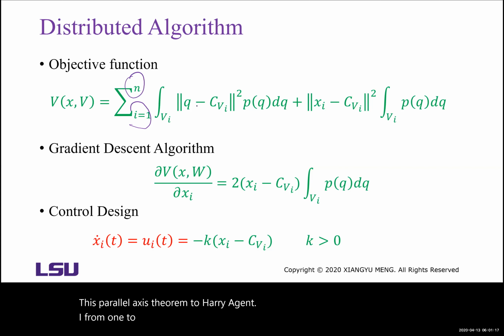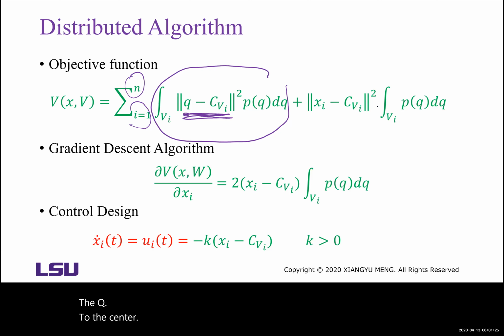So this will be the Q to the center. Then we have xi to the center of vi, the norm, the distance squared, then this is a constant term.